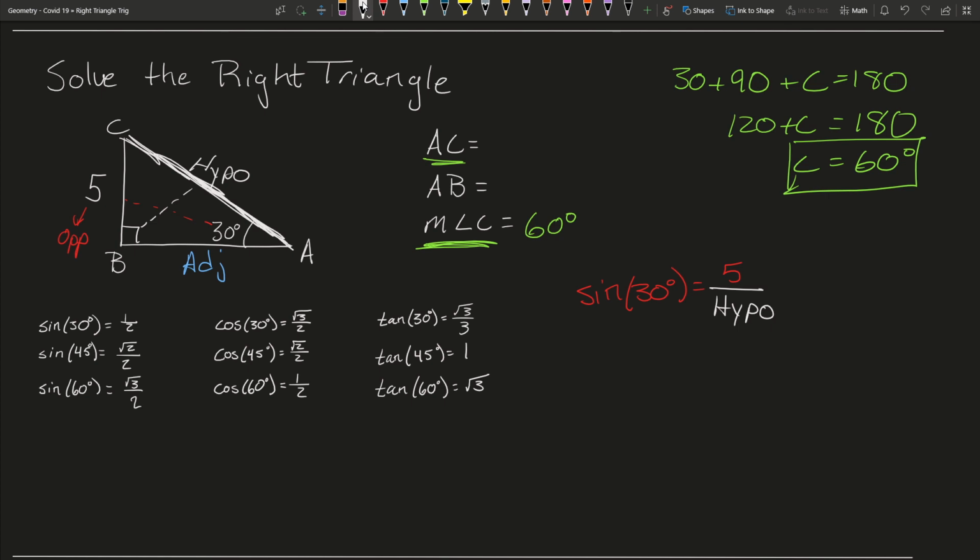We would use sine because we're using opposite and hypotenuse, and I substituted in already what we actually have. Then we need to solve for that. Again, the first thing I would do is get the hypotenuse by itself. When you have something in the denominator like this, it kind of just switches sides. So the hypotenuse will equal 5 divided by sine of 30.